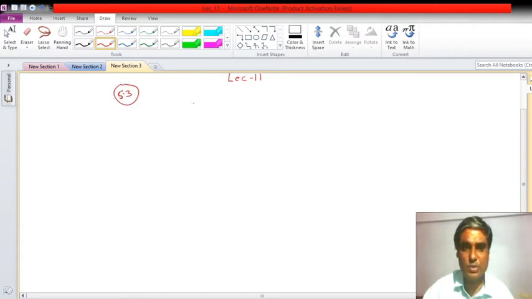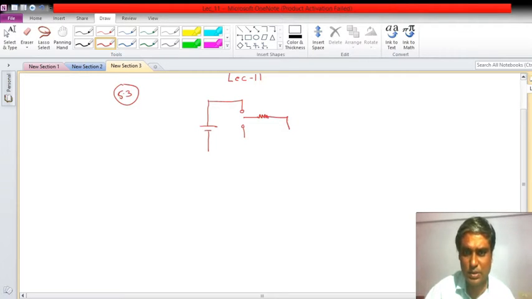Here, suppose now I have a network like this. There are two points, one is A and the second is B. In the middle there is a resistor connected with an inductor, and the capacitor is also connected.